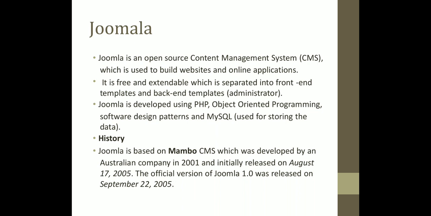Talking about the historical part of Joomla, it is based on the Mambo CMS, which was developed by an Australian company in 2001, and initially it was released on August 17, 2005, but the official version of Joomla was released on September 22nd of 2015.